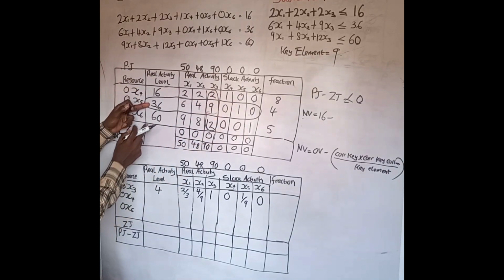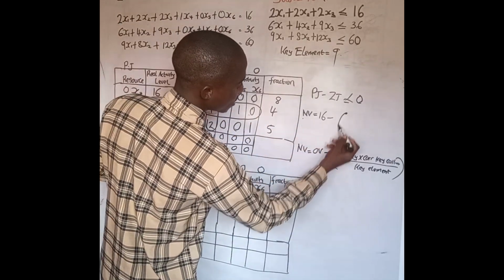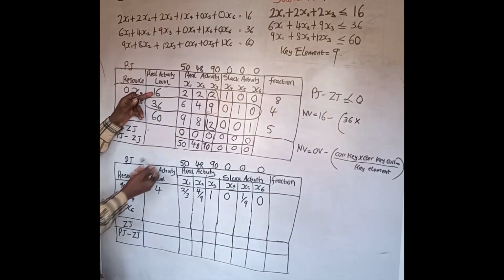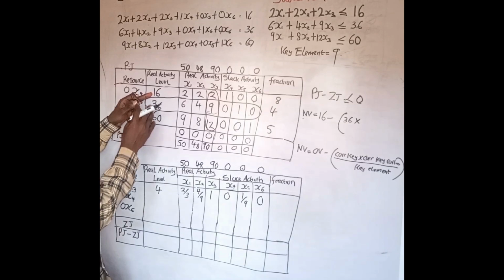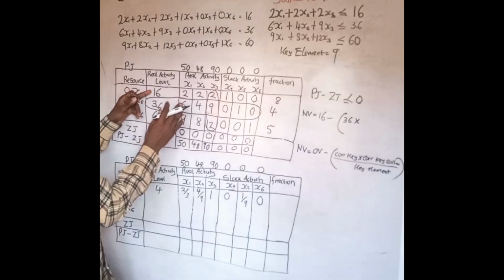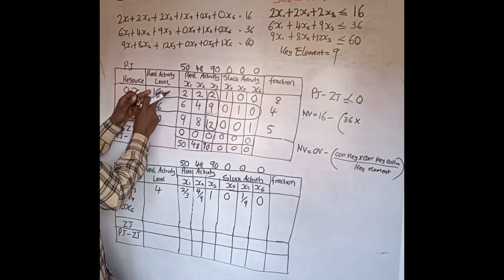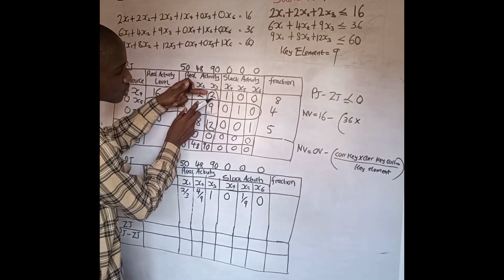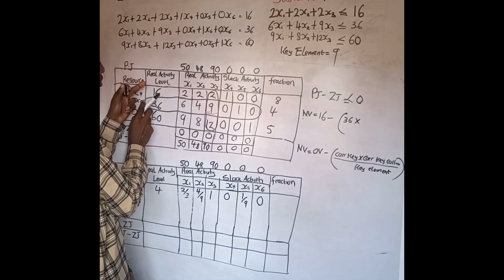So the corresponding key row element is 36, multiplied by the corresponding key column element. You trace the element that corresponds to the key column where 16 falls. If you trace it like this, you realize that the key column element is 2.